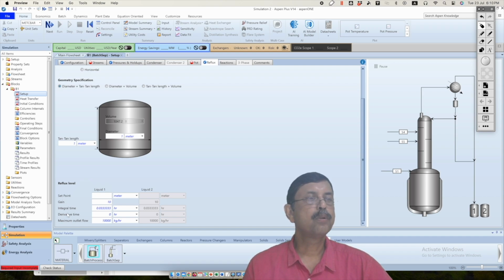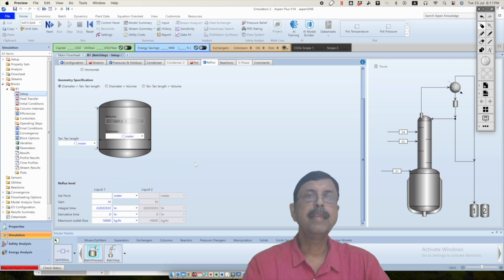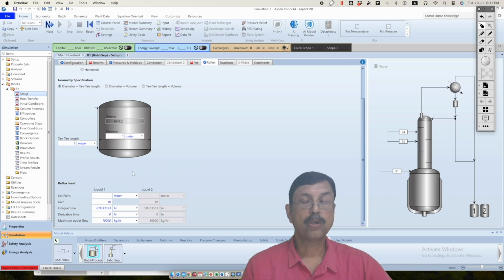You have to provide the Kc, that is the gain, Ki, tau d. Set point also you have to provide. Now, this information is required because the reflux level calculation needs to be done. Okay, because one controller is needed for the batch separation process to work. So for that reason, the controller information needs to be given.